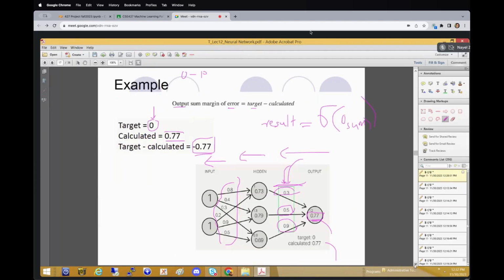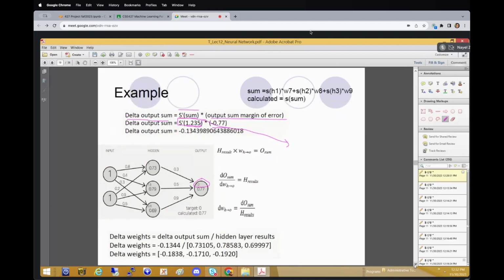So to compute the derivative of the sigmoid of the sum, we can write 0.775 times 1 minus 0.775.